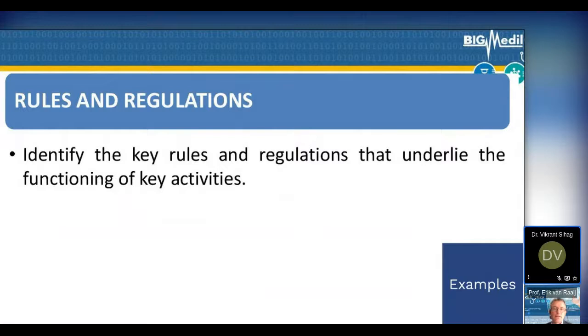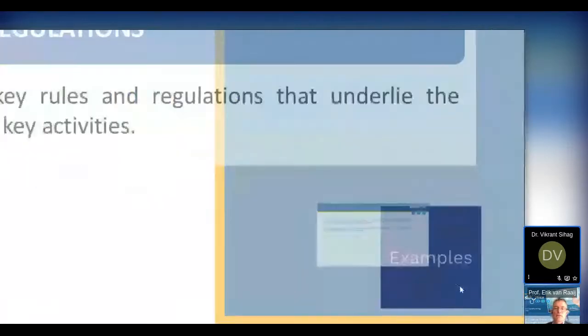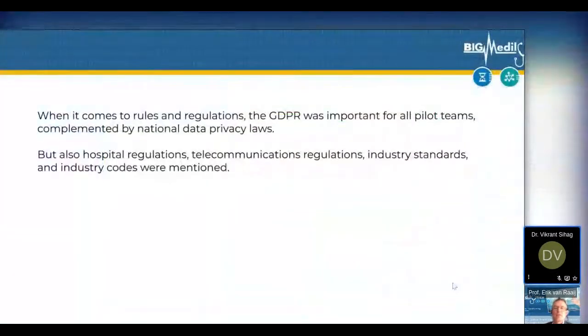But if we click on the examples, you will see that also some other types of rules and regulations were mentioned. And those could be regulations specific to the hospital. It could be regulations specifically related to telecommunications, but also industry standards like ISO were mentioned by pilot teams, and some of them mentioned specific industry codes.